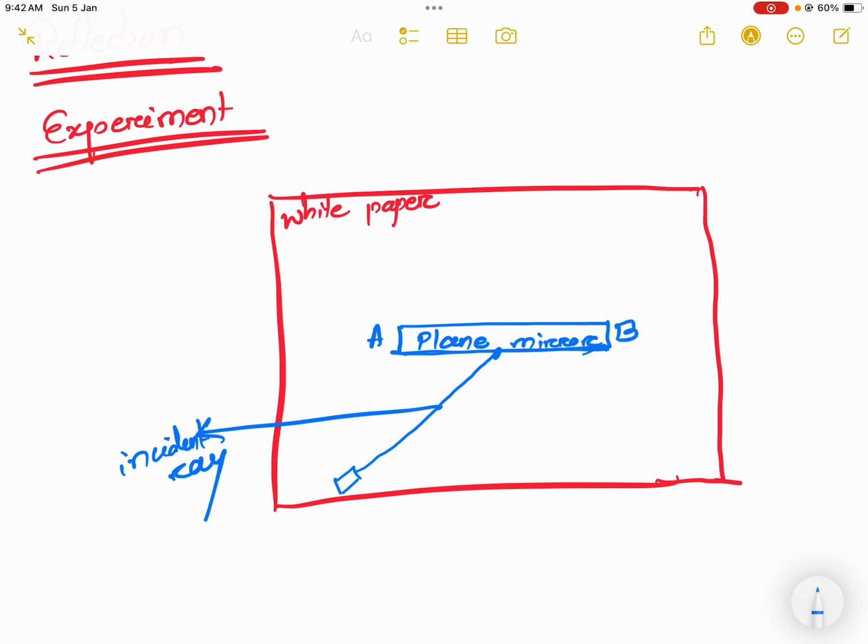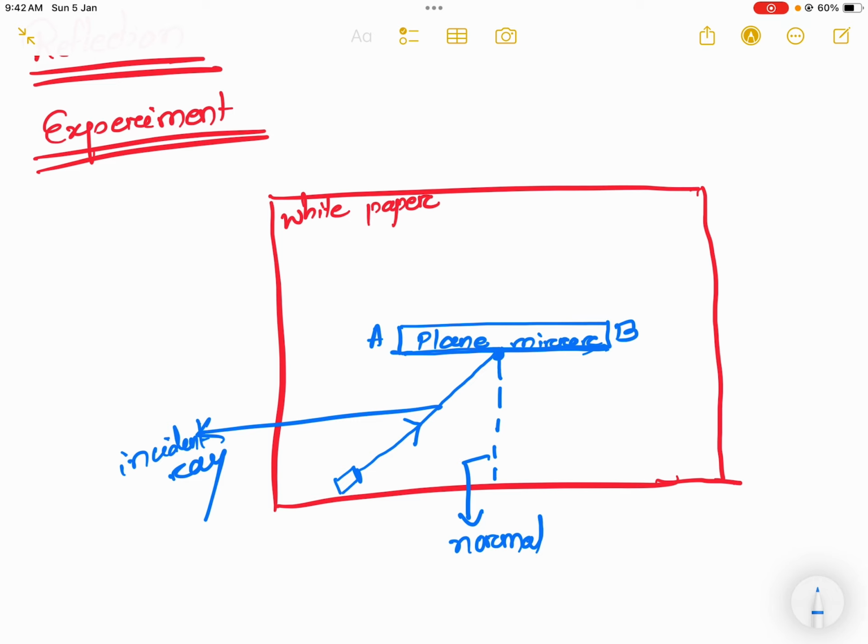What will be the direction of light? Since this is the source and this is the falling object, the plane mirror, we will represent the arrowhead towards the plane mirror, and this is the point of incidence. We will draw a normal, meaning perpendicular to the plane mirror surface. This is called normal.